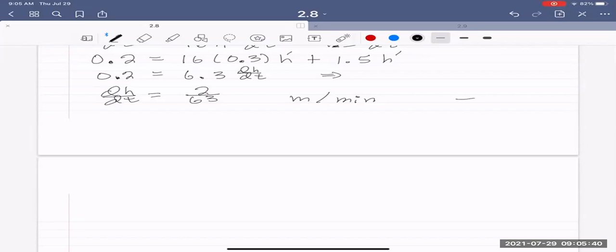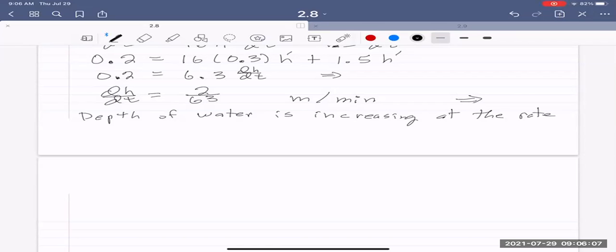So the depth of the water is increasing at the rate of 2/63 meters per minute. Okay. Any questions about that?